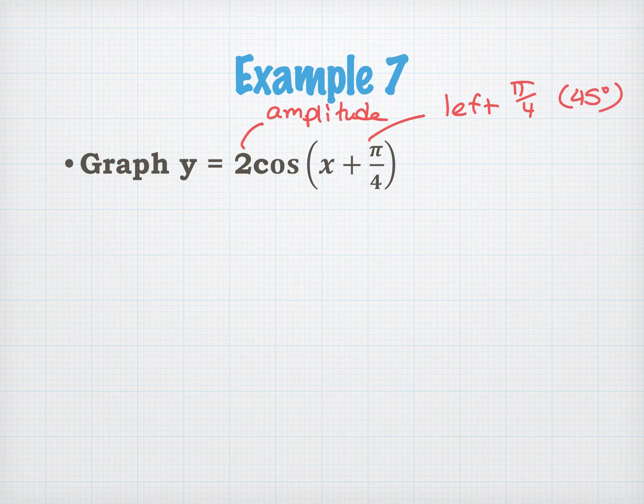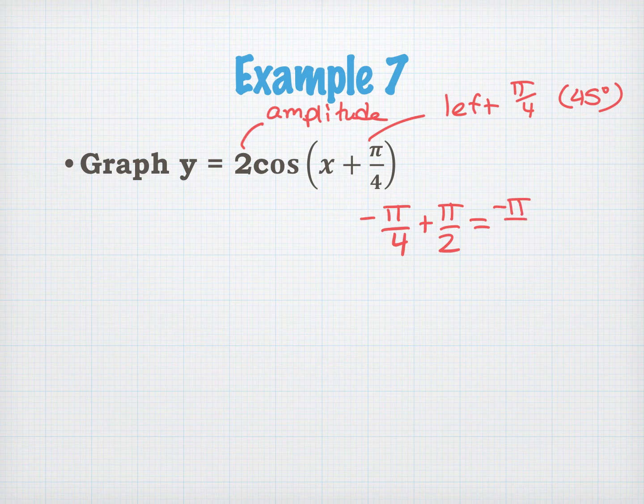So again, my starting point is going to be at negative pi over 4. I want to space my points 90 degrees apart. So I'm adding pi over 2. I need to find a common denominator. It's going to be 4.